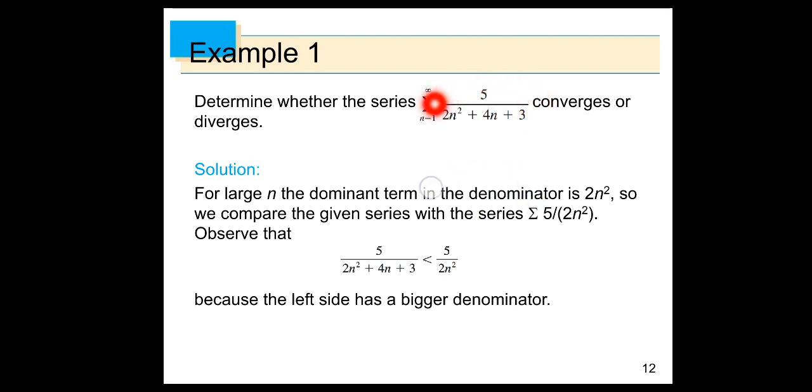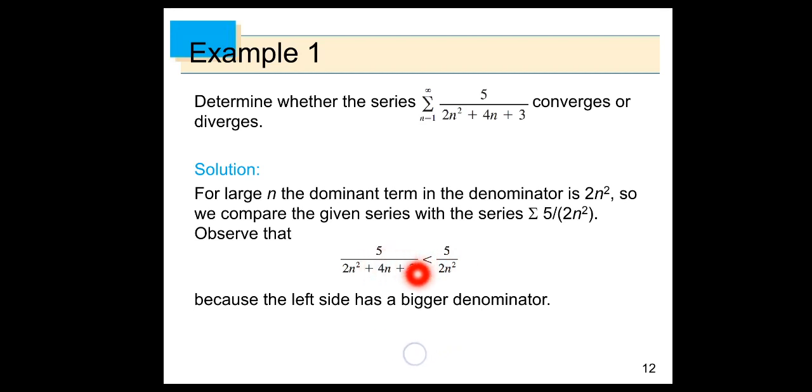In the denominator of a_n, we have 2n², which has the highest magnitude, so we take this 2n² as the denominator of our b_n. So you can see it is clearly 5 over 2n², right?